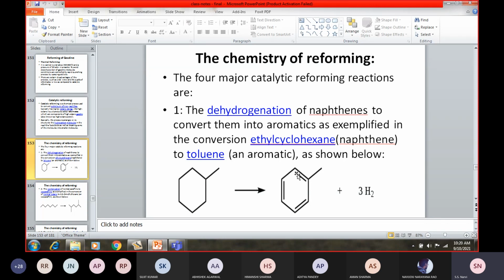Upon conversion into the aromatic compound, here it is toluene, it improves to a much higher level, about 100 octane number. Here it is very low. So the first reaction which takes place in the reforming process is the dehydrogenation reaction.